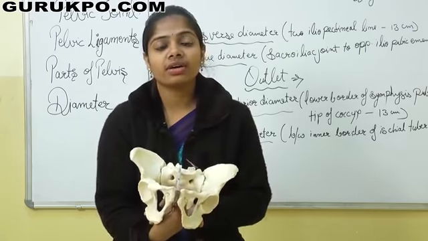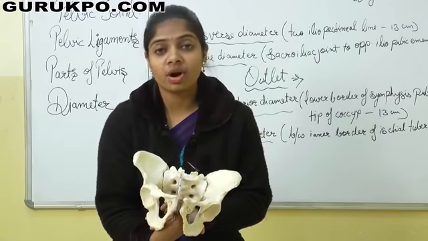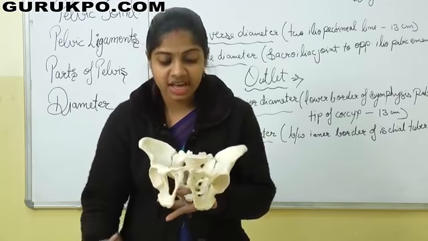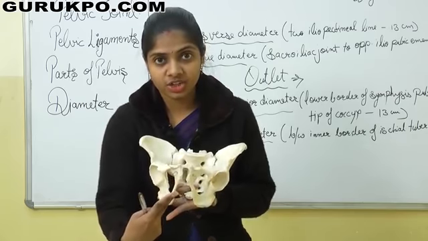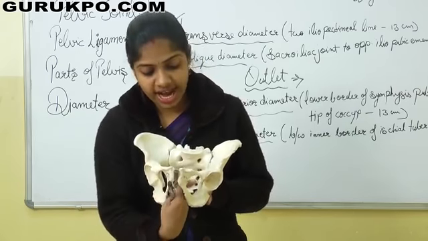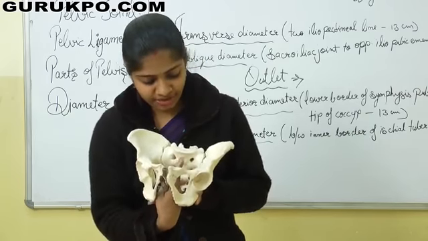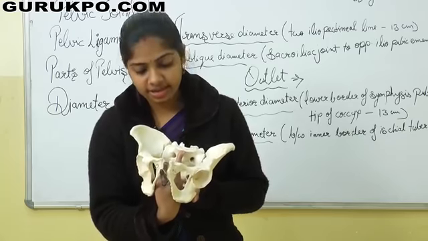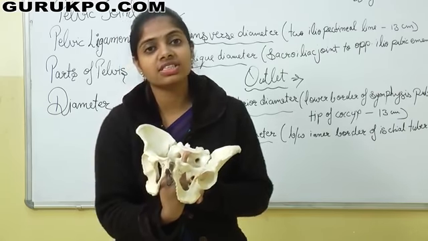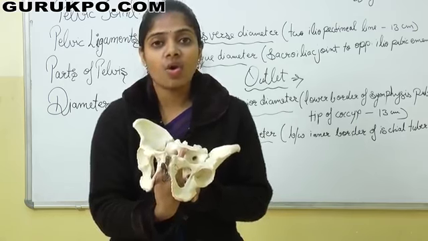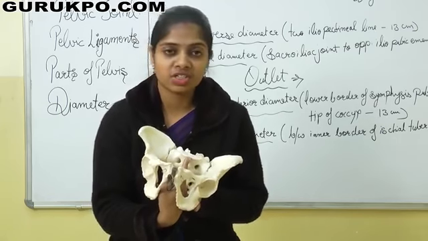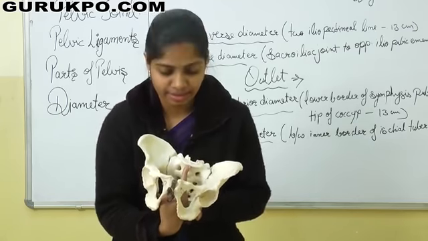While doing the PV examination during labor or in the last term of pregnancy, we insert our hand like this and the middle finger touches here and we can say that it is 12 centimeter. So this is the only diameter we can measure.